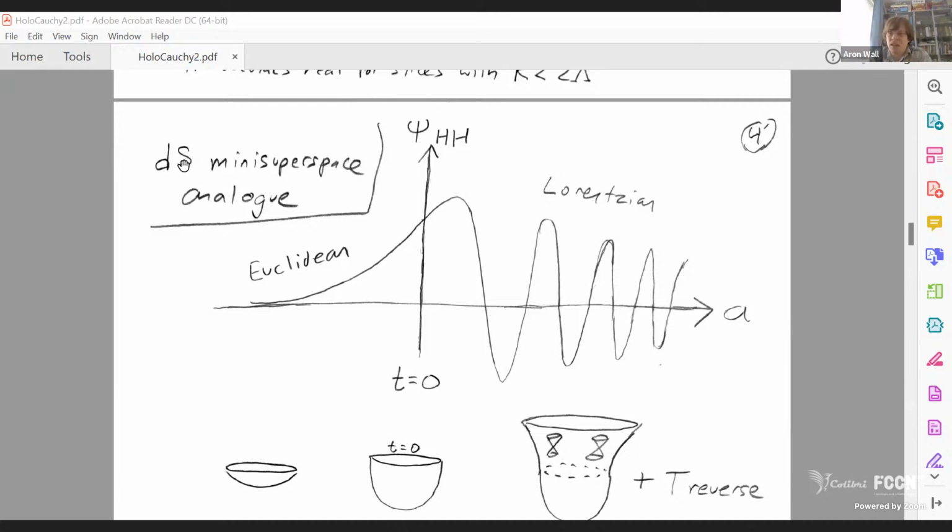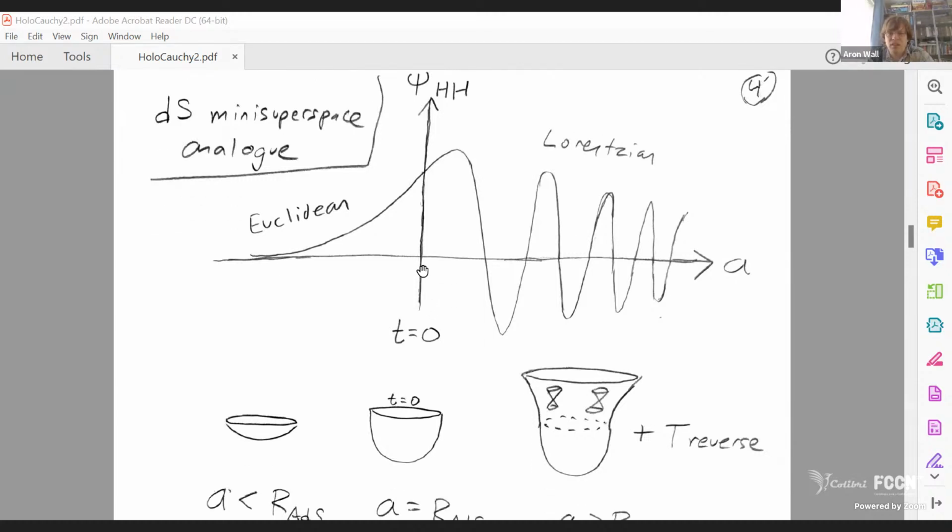Now, there's a Hartle-Hawking wave function, a no-boundary wave function, and that no-boundary wave function looks like this. There's a transition that occurs at a particular value of A that corresponds to what you would have at the t equals 0 slice.